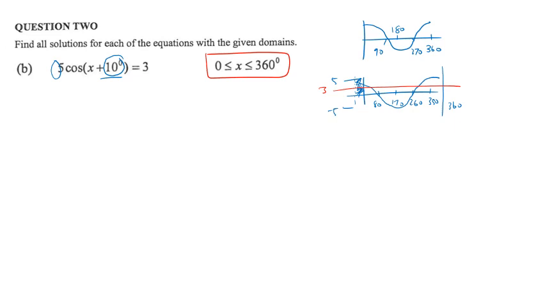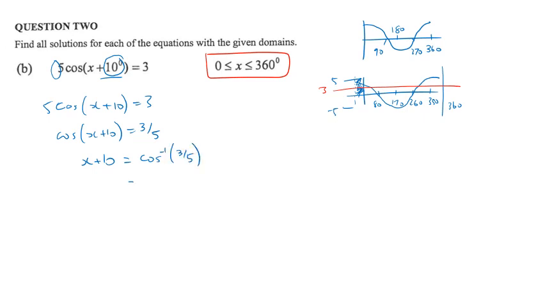So what we do, 5 cos x plus 10 equals 3, so cos of x plus 10 is 3/5. So x plus 10 is the arc cosine of 3/5, which is 53.1.